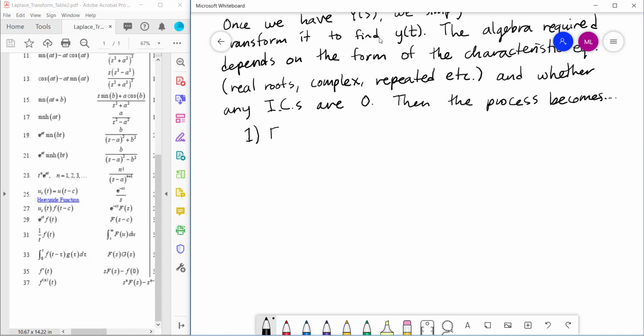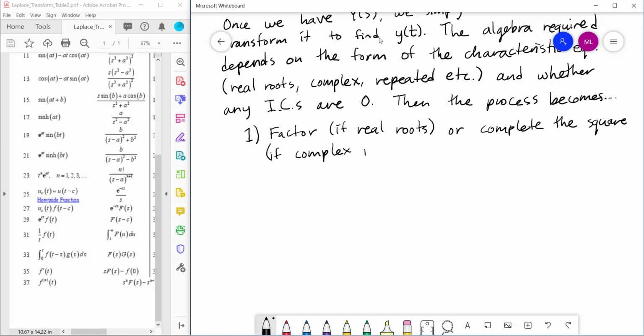So factor, in the case of basically if the roots are real, or complete the square if it has complex roots of that characteristic polynomial, the characteristic equation in the denominator.